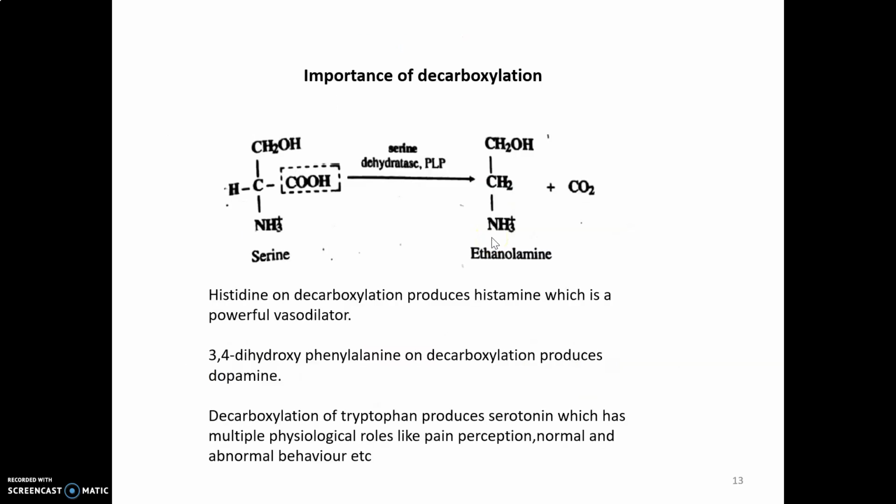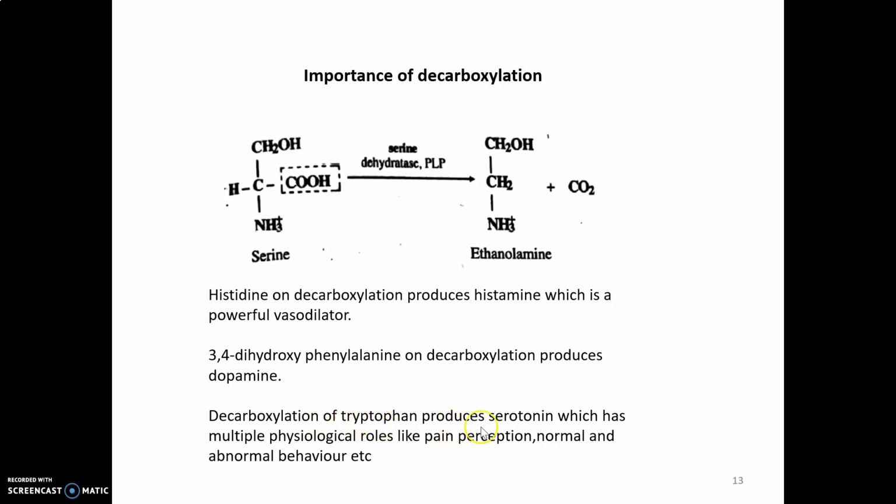Now, coming to a particular example, when serine undergoes decarboxylation in the presence of pyridoxal phosphate, you get ethanolamine. Similarly, histidine, which is an amino acid, on decarboxylation produces histamine, which is a powerful vasodilator. Similarly, 3,4-dihydroxyphenylalanine on decarboxylation produces dopamine.